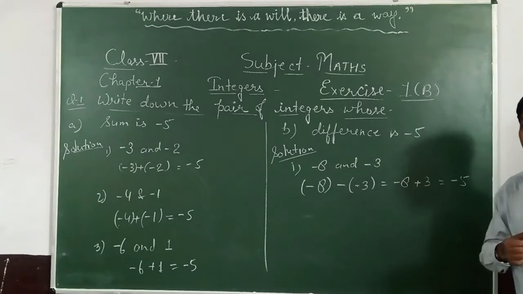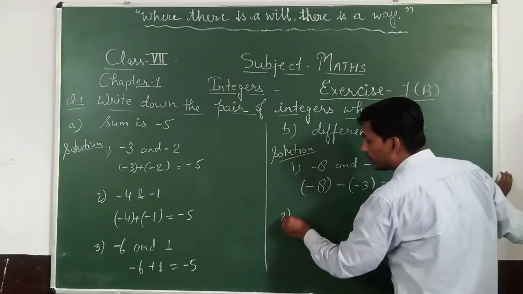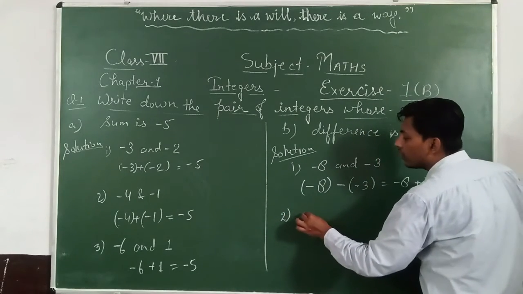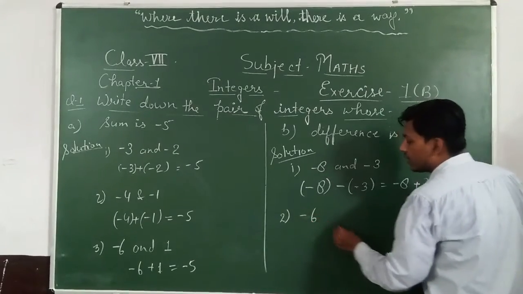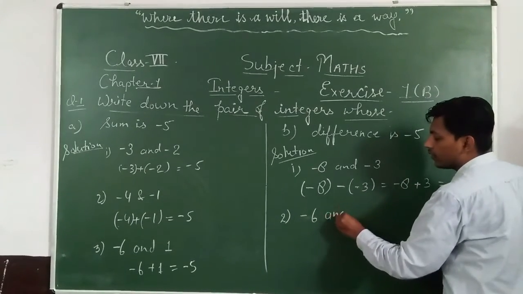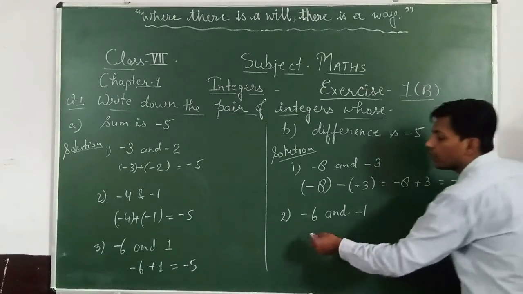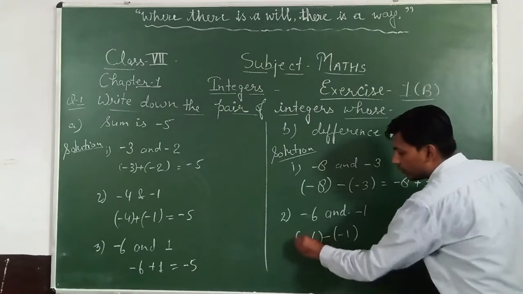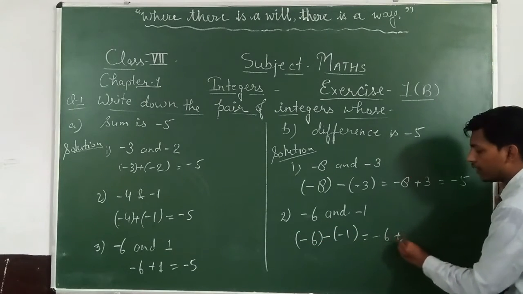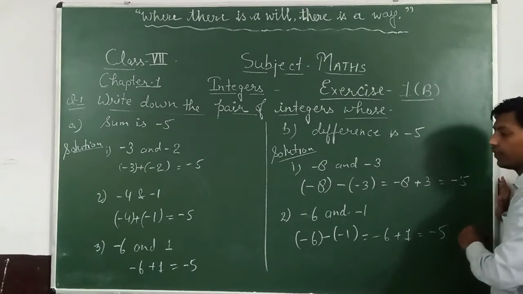Let's take another: minus 6 and minus 1. Minus 6 minus minus 1 equals minus 6 plus 1 equals minus 5.